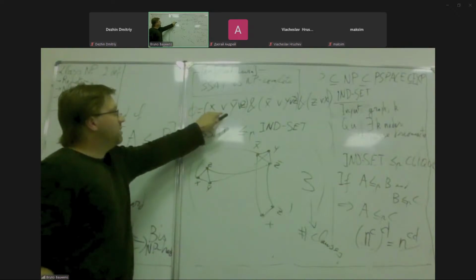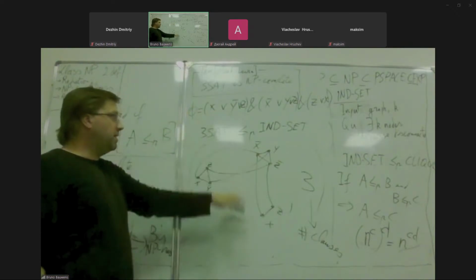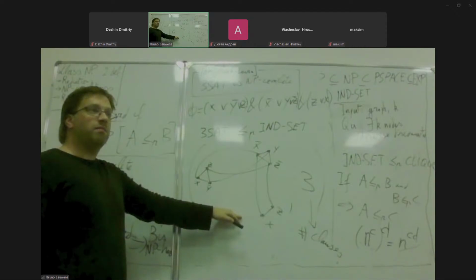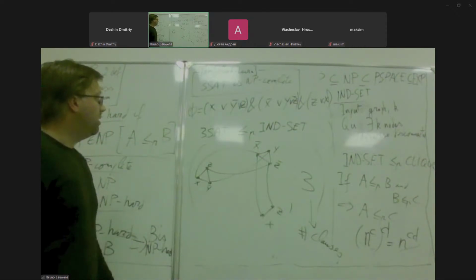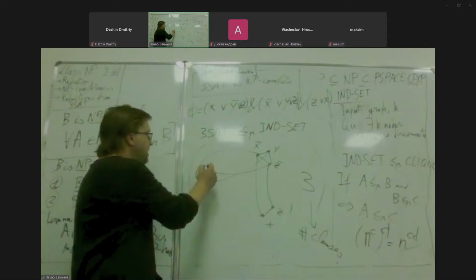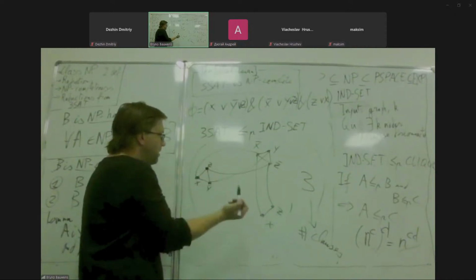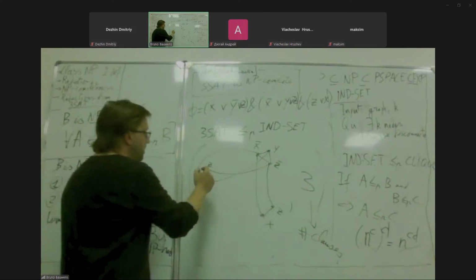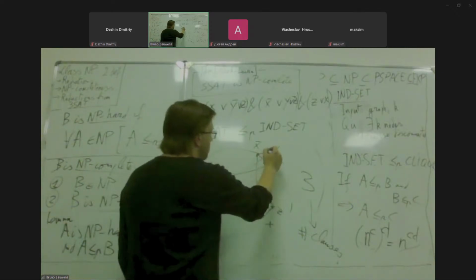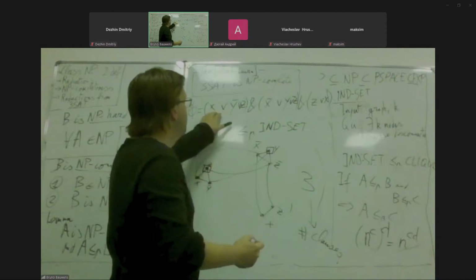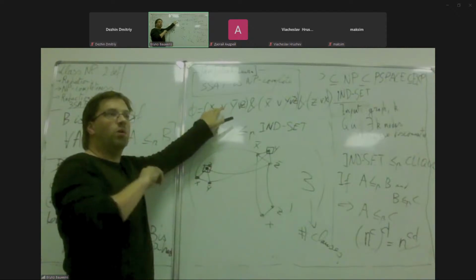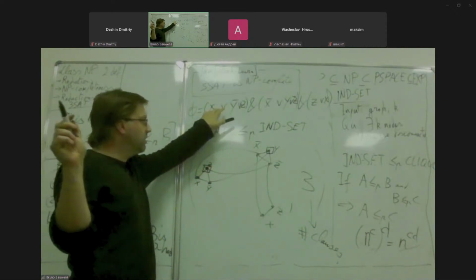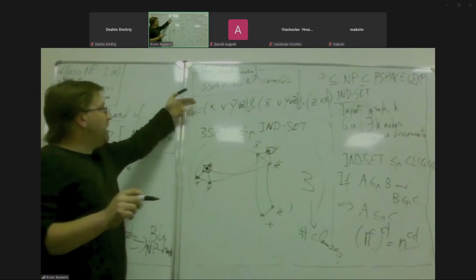Okay, the second condition is equivalence. If the formula is satisfiable, then an independent set exists. In every clause we choose one literal that is true. For example, if we take all positive ones, then we can choose them.